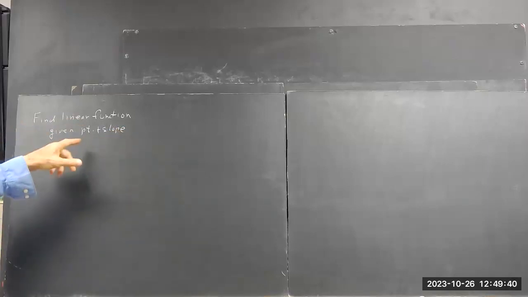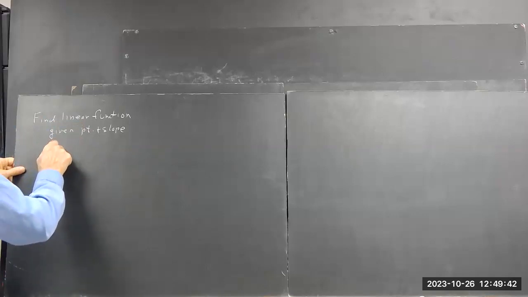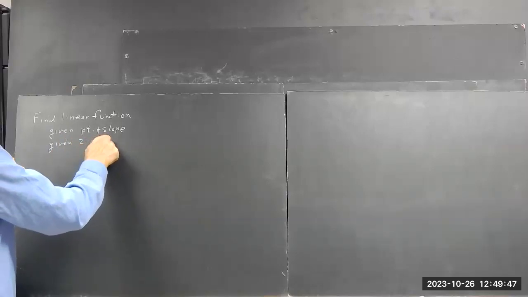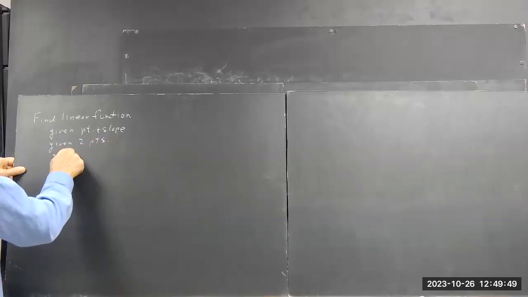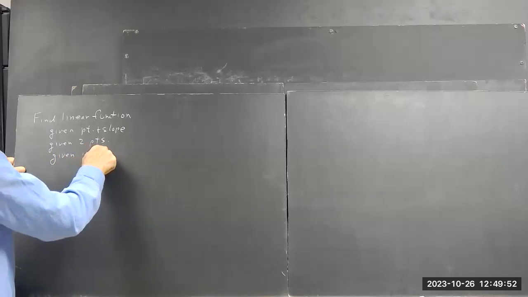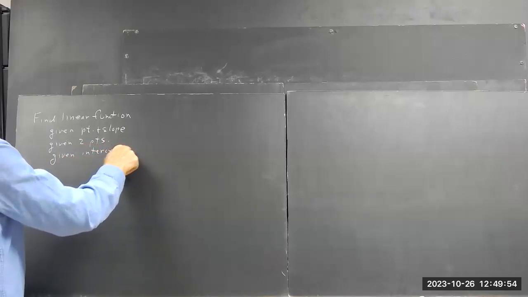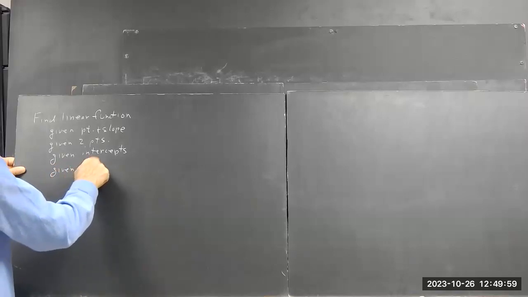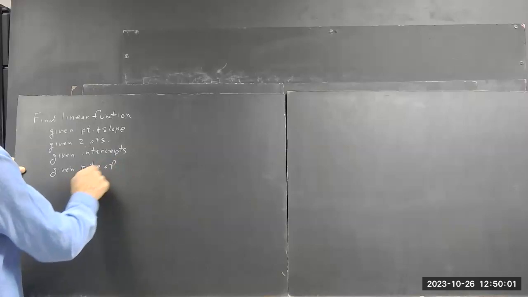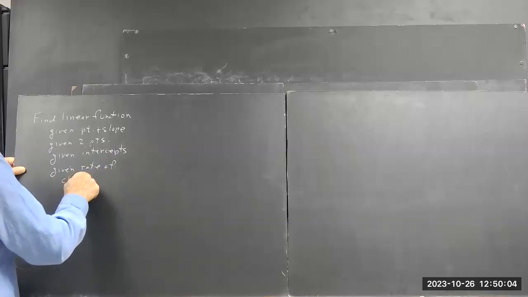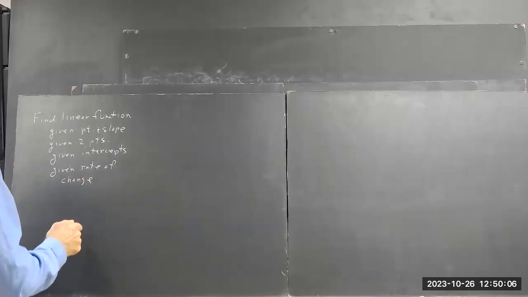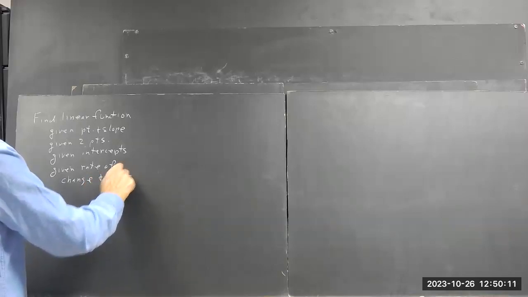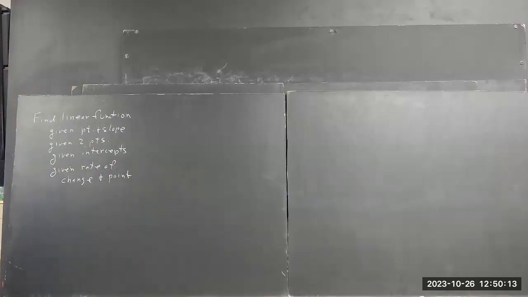So I could ask you to find a linear equation given the point and slope, given 2 points, given the intercepts, and given rate of change at a point. Okay.